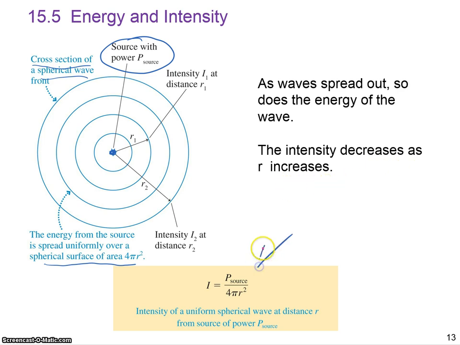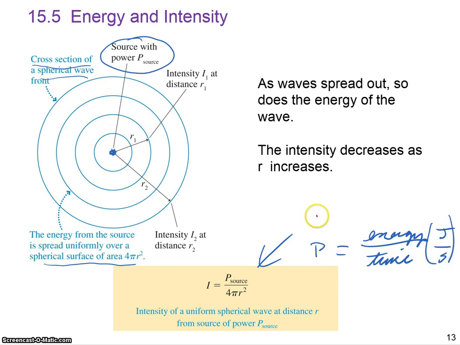And here is the formula we use to calculate that. You might remember that power is equal to energy over time. So this is equal to joules over seconds, and the unit for power was a watt. So 1 watt equaled 1 joule per second.